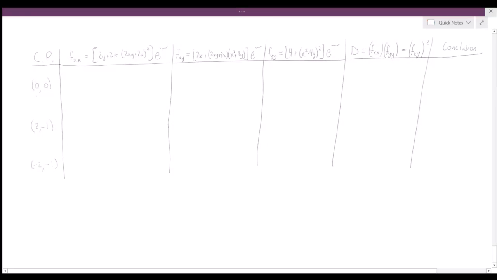So let's first plug in 0 for x and y. Okay, so in here, plugging in 0 for x and y will give you 2 times the exponential, which is actually not too important. So I'm just going to keep scribbles right now.